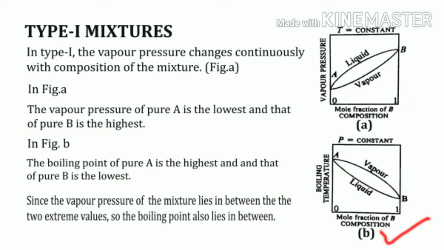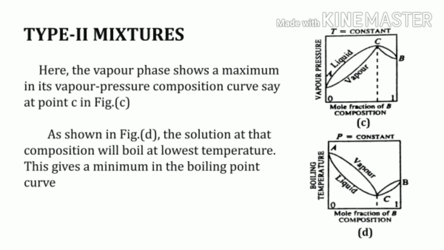Okay. In case of type 2 mixtures, the vapor phase shows a maximum in its vapor pressure composition curve, say at the point C as shown in figure C. This is the vapor pressure composition curve of type 2 mixtures.